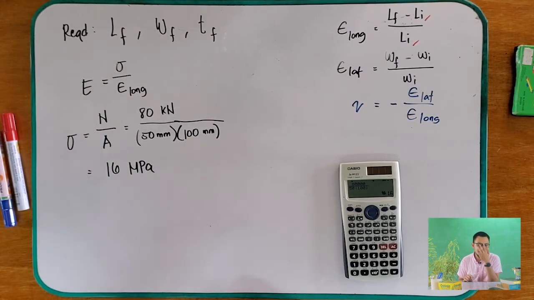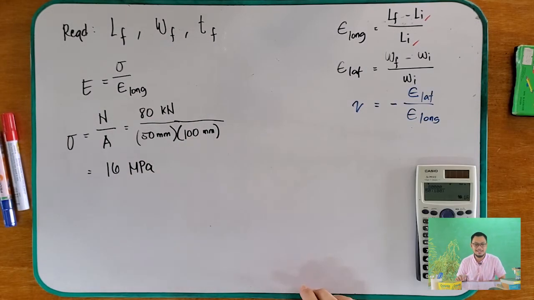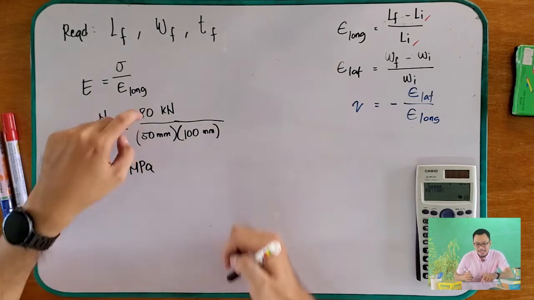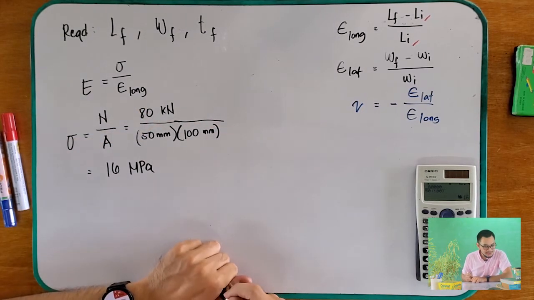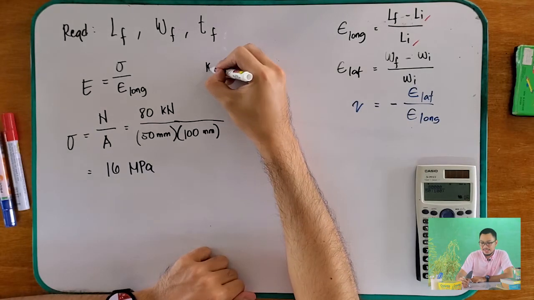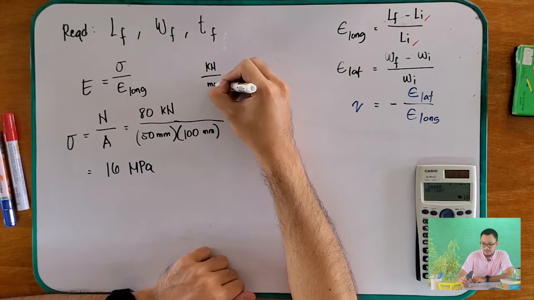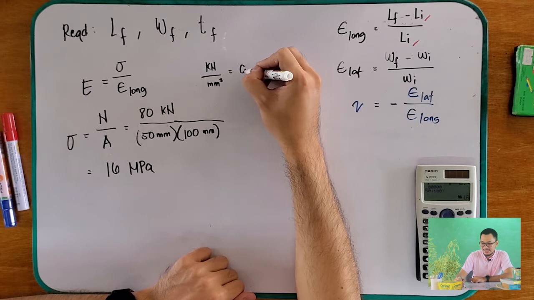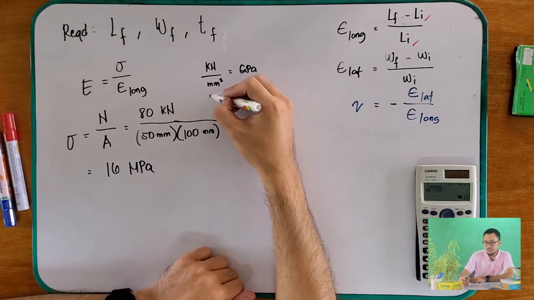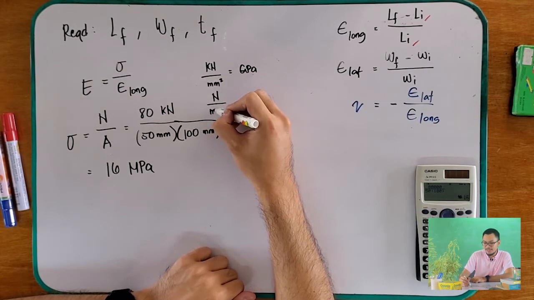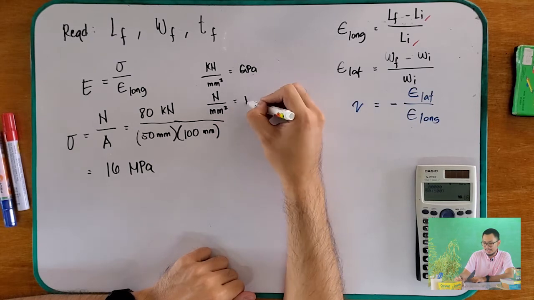Okay? So 16 megapascals. How did that happen? Take note, kilonewton per millimeter squared is gigapascal. Newton per millimeter squared is megapascal.